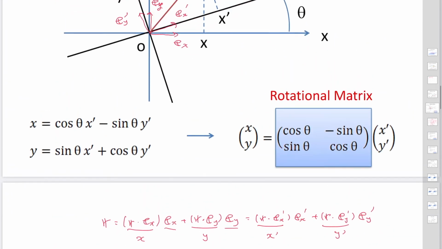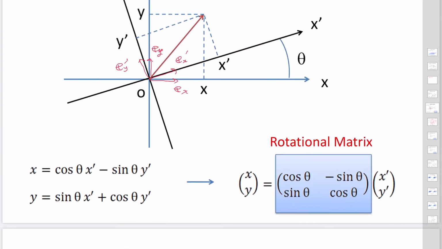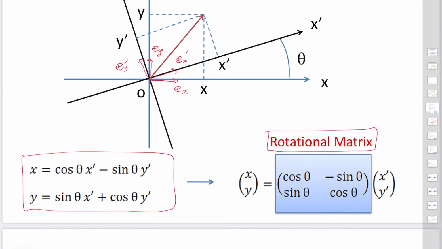From this equation, we discovered that x, y and x prime, y prime are related by the rotation matrix. So if the coordinates are rotated around the z-axis, we use this rotation matrix.